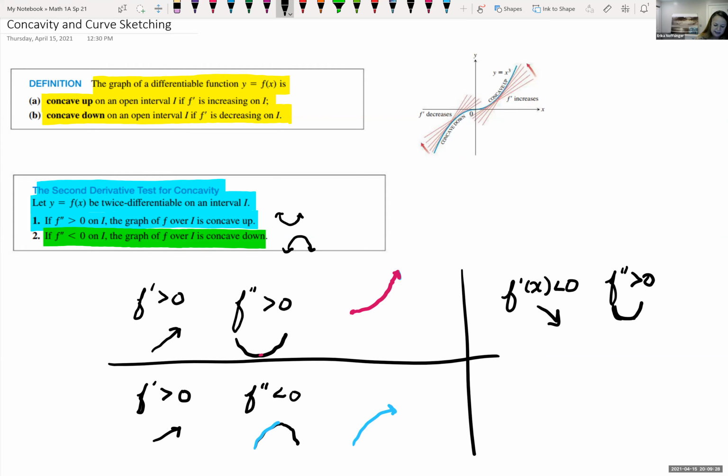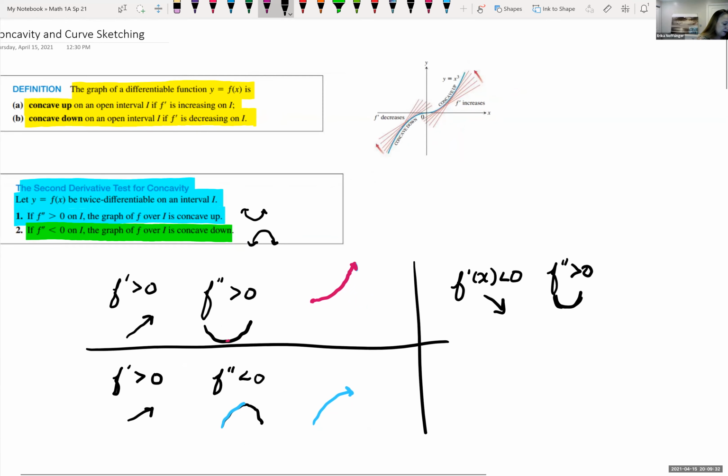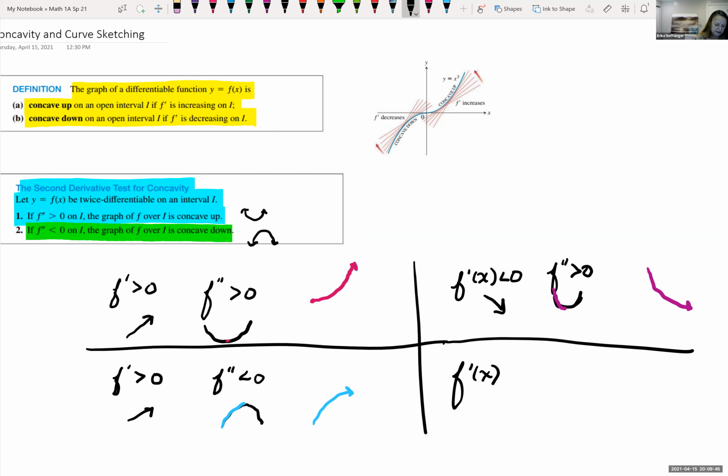So looking at a piece that is concave up but decreasing, the shape that we're going to have is like this. Looking at when our first derivative is less than 0, so still decreasing, but our second derivative is also less than 0, this is a concave down function, but it's decreasing.